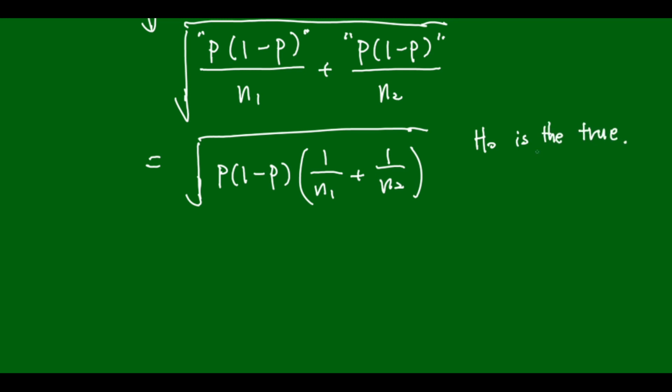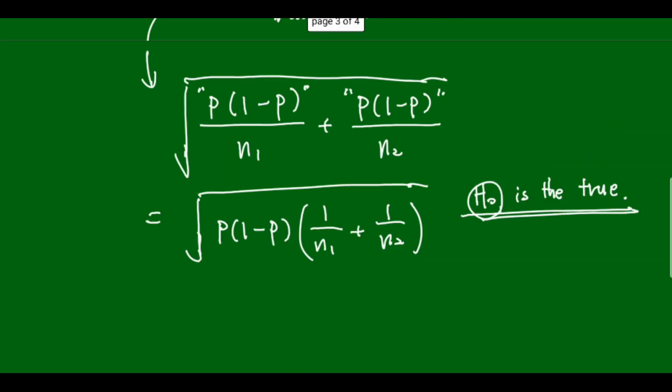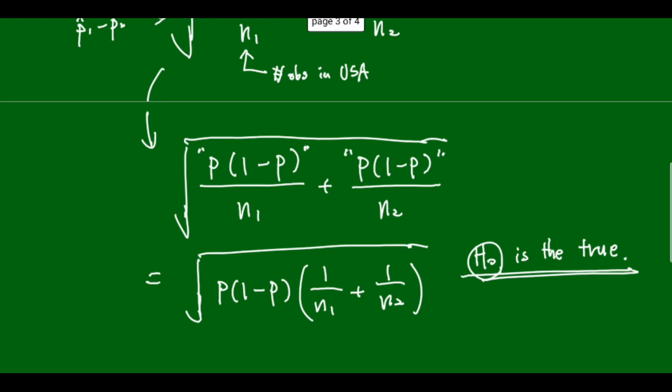Since we are assuming that H null is true, we can rewrite the formula like this.